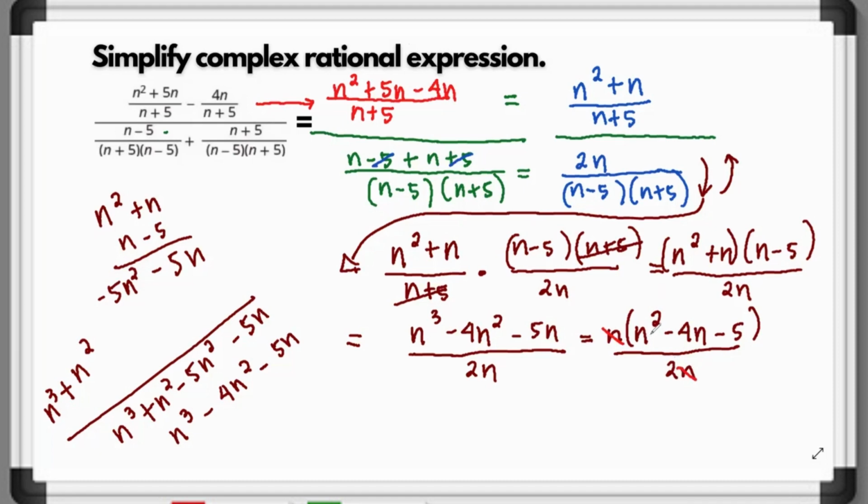Okay. Do you know that this n squared minus 4n minus 5 is factorable? Okay, let us see. n minus 5 times n plus 1 over 2.